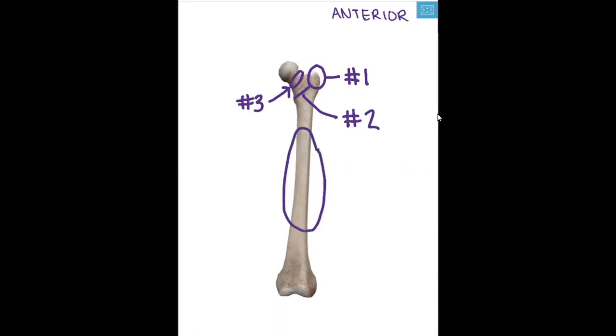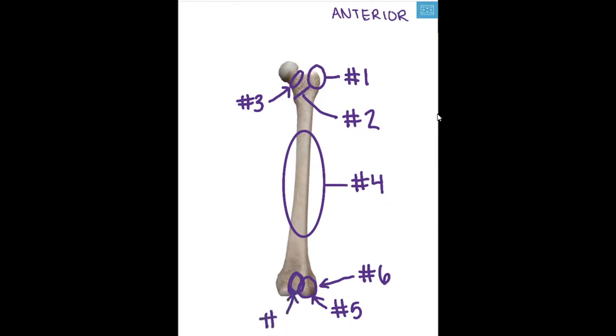This whole area right here, number 4. This is number 5. And by this, I mean this. And on the side of number 5, we have number 6. And last one, right here, kind of overlaps with number 5. But this will be number 7.